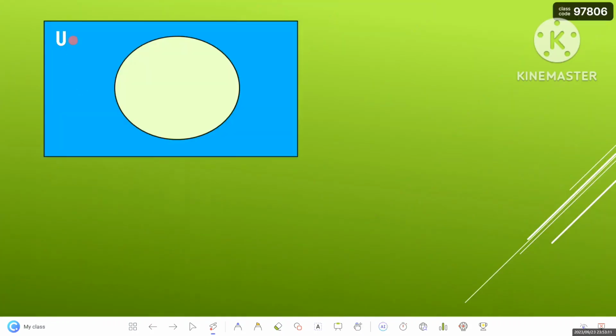Let's proceed. Example, we have this universal set and we have the circle. Under the circle, we also have a small circle. Let's say this white circle is colors and this violet circle is primary colors.